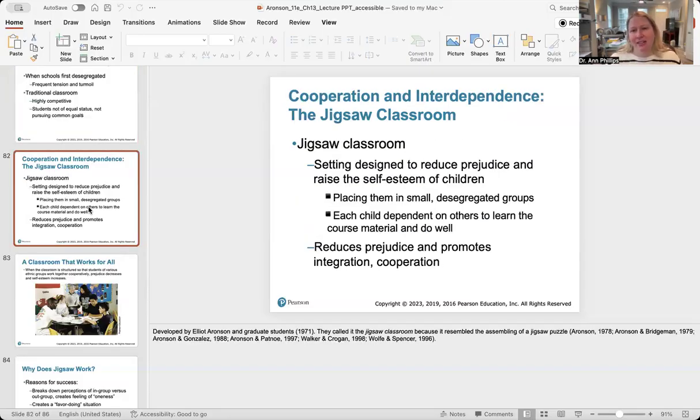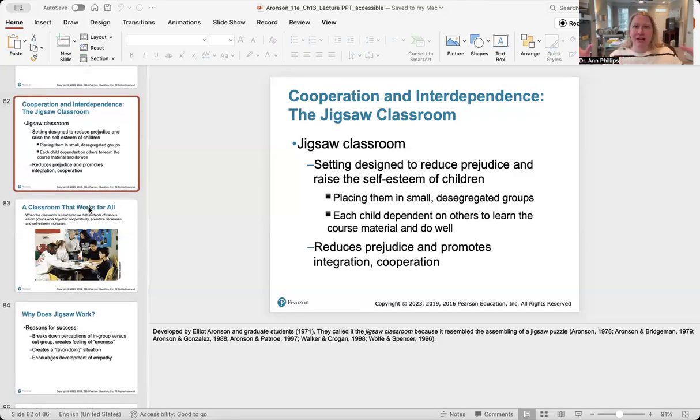So now they're introducing the jigsaw classroom after desegregation and integration going wrong in the 60s and 70s. And like, how can we prevent that from happening? And they're like, jigsaw classroom. So start people off young, being around other people.